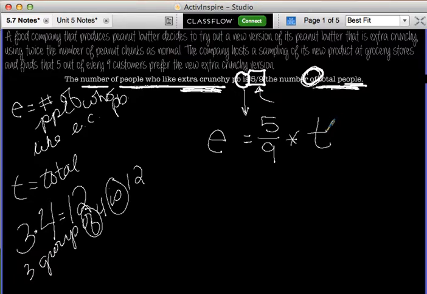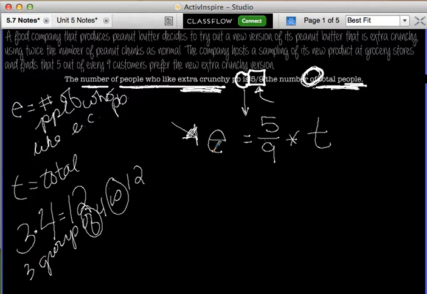So now, anytime that I want to find how many extra crunchy I should buy or make, or how many people like extra crunchy, I can use this equation. I can take the total number of people, multiply it by 5/9, and that'll tell me how many extra crunchy there are. Right?